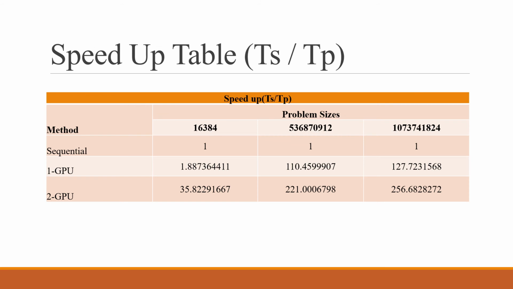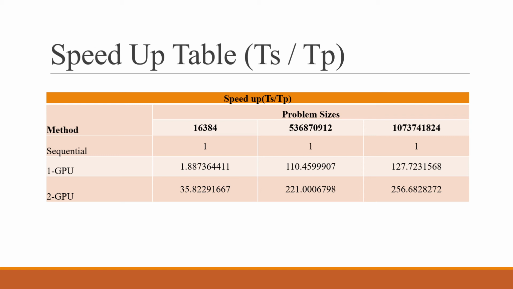Speed up table. Speed up refers to how much faster your parallel program is compared to the serial program. If you look at the table, whenever you increase the problem size for 1 GPU and 2 GPU, speed up keeps increasing. The 2 GPU program is nearly 2 times faster than the 1 GPU program, and much faster than the sequential program.